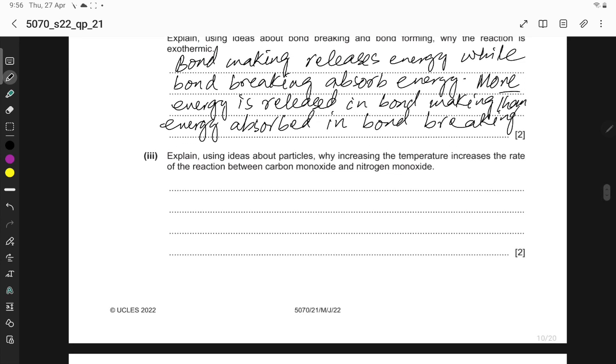Explain using idea about particles why increasing temperature increases the rate of reaction between carbon monoxide and nitrogen monoxide.